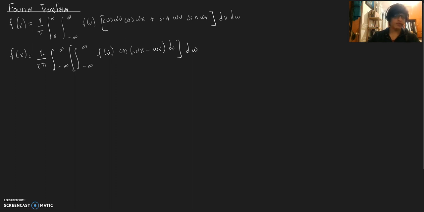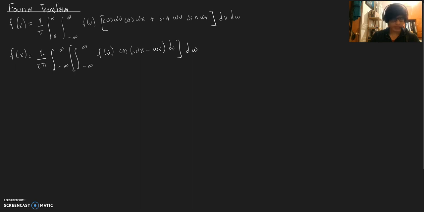Notice that the limits of the integral are modified, from minus infinity to infinity instead of 0 to infinity, because as these are all periodic functions, if we consider the integral from 0 to infinity, it will be the same as considering just half of the integral that goes from minus infinity to infinity.